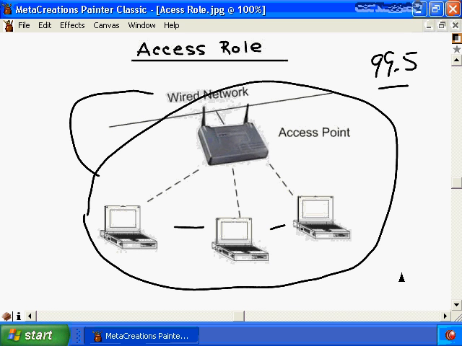In contrast, a wireless network is very mobile. As long as the wireless devices are within the coverage area of wireless access points, you are connected to the wireless network and in turn to the wired network. You've got reduced costs by using a wireless network. You don't have the costs associated with purchasing and installing cabling.